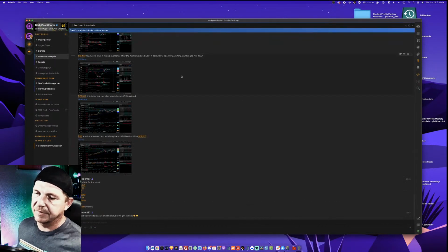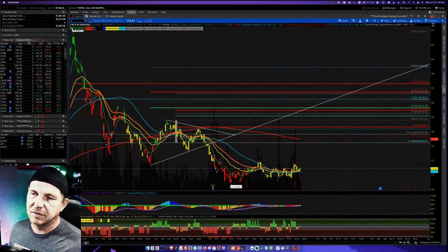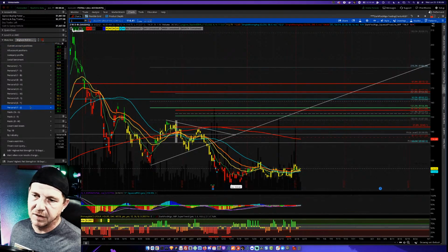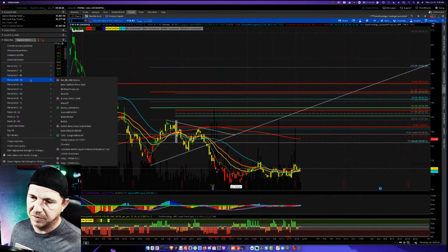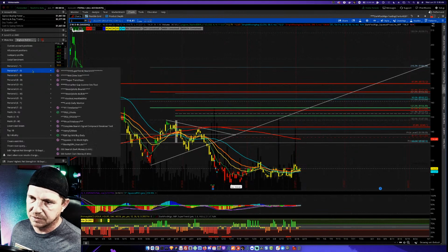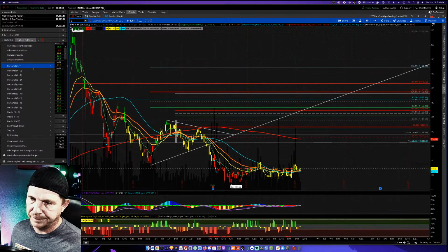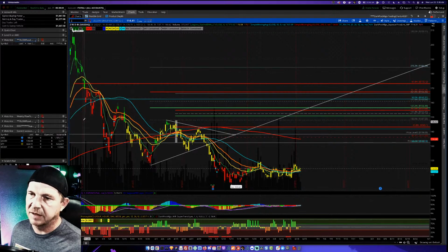All right. So looking at the charts, I'm going to grab my little scanner here that seems to be a banger. And it's very specific. What it does is it looks for low float, stacked EMAs, in a squeeze, and touching the 21 EMA.